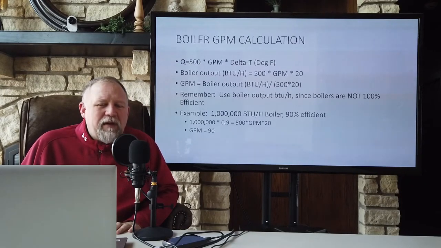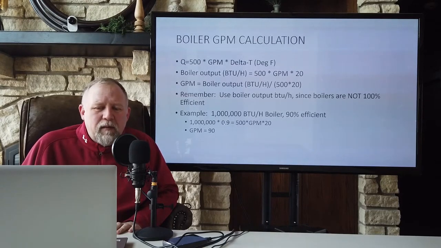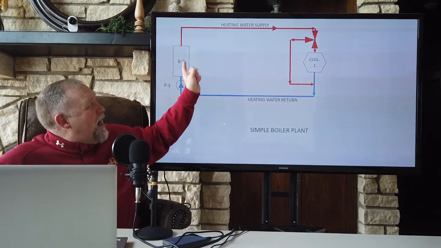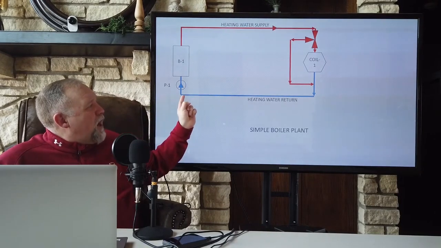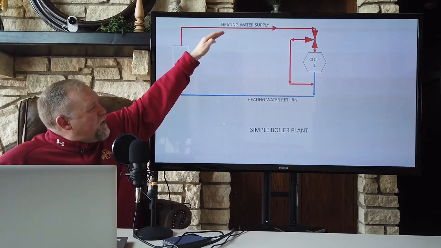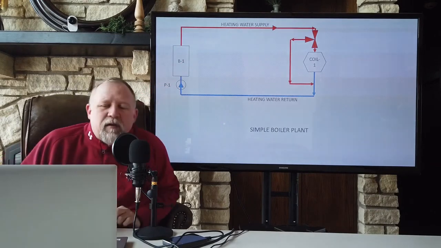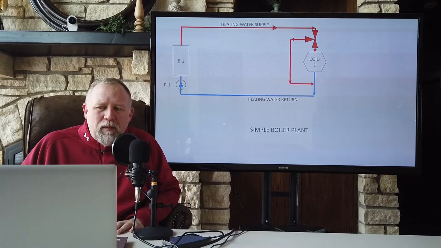Now, what we need to calculate is, if I have a boiler and if this boiler has a certain output capacity, how much flow rate are we going to need? Now, the difference in temperature between the heating water supply and heating water return is normally a designer's choice.